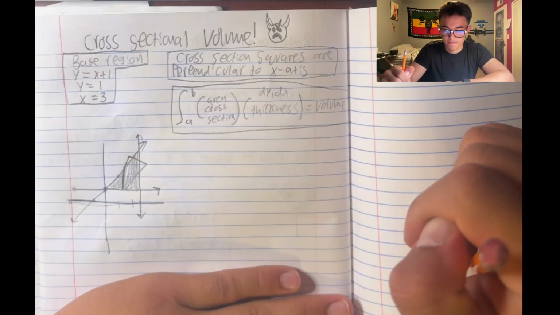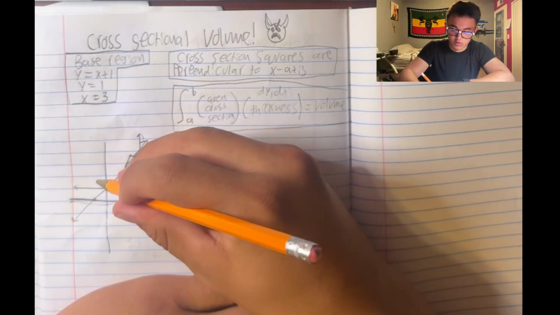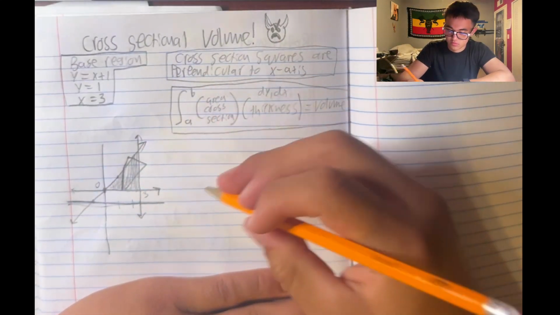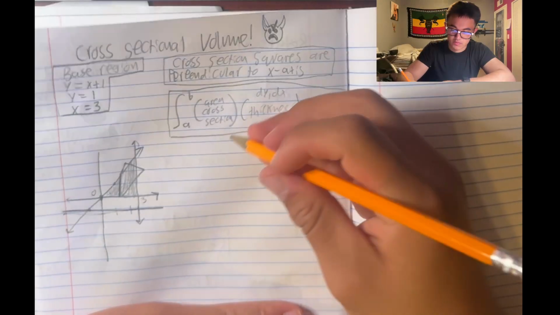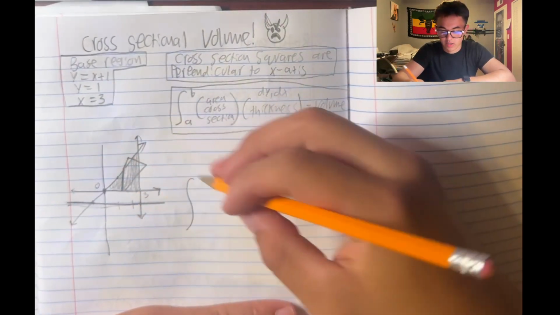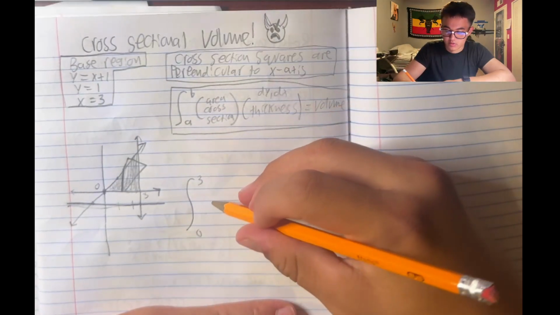So let's go ahead and do that. So this goes from 0 to 3. So that's our A to B. And it's on the x-axis, so that's going to be a thickness. 0 to 3. What's the area of a square?